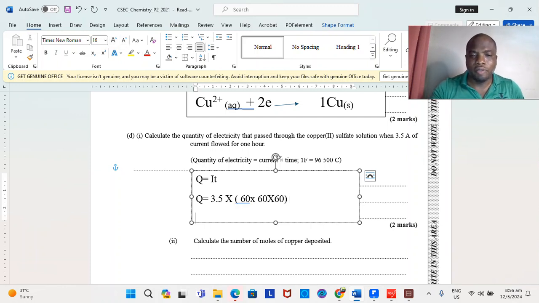So when you work this out, grabbing the calculator, and remember to take the calculators to the exam. Get familiar with the calculators.